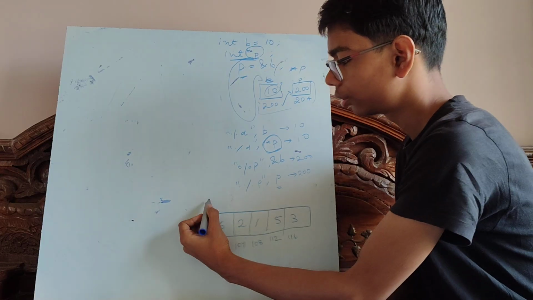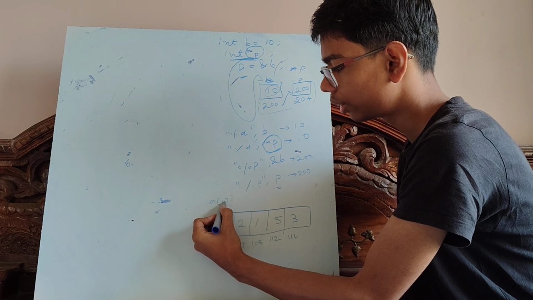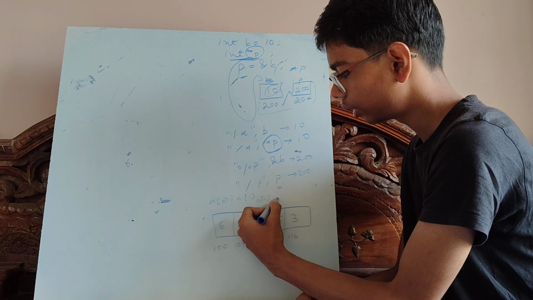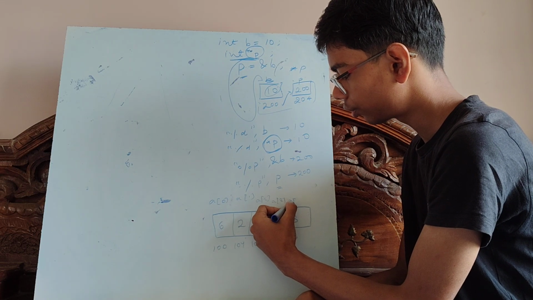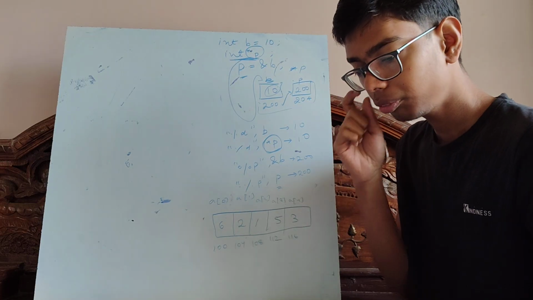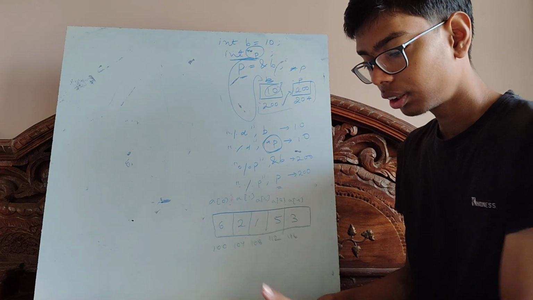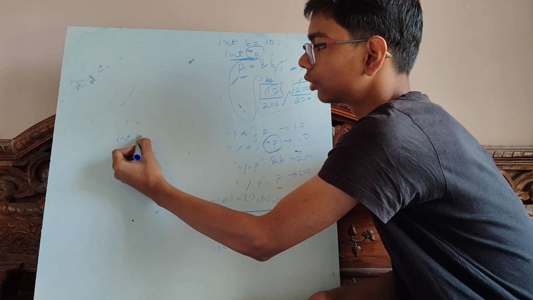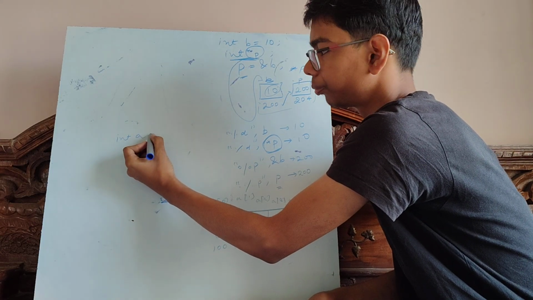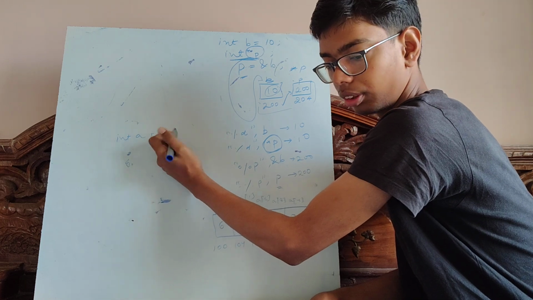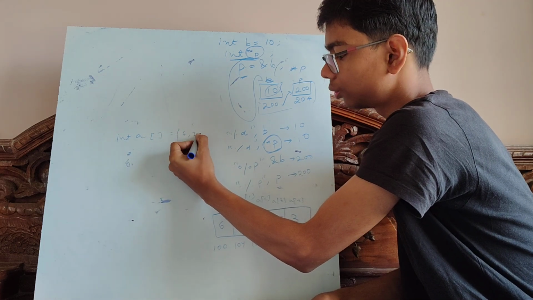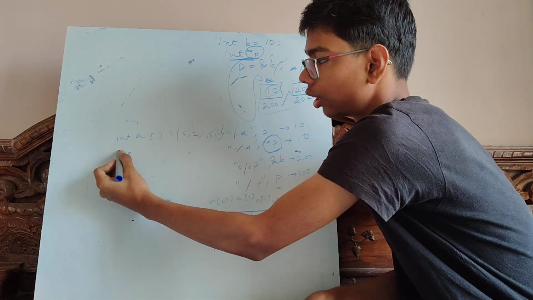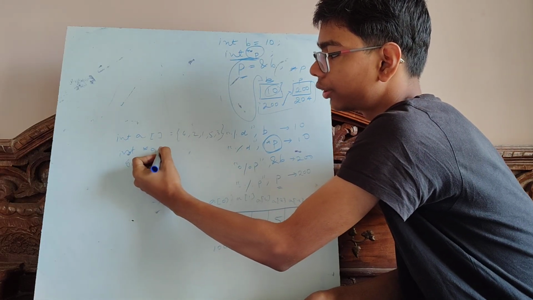And I have my indices as a[0], a[1], a[2], a[3], a[4]. Here at compile time I have declared this array as int a equals 6, 2, 1, 5, 3, and then I have declared the pointer, right?